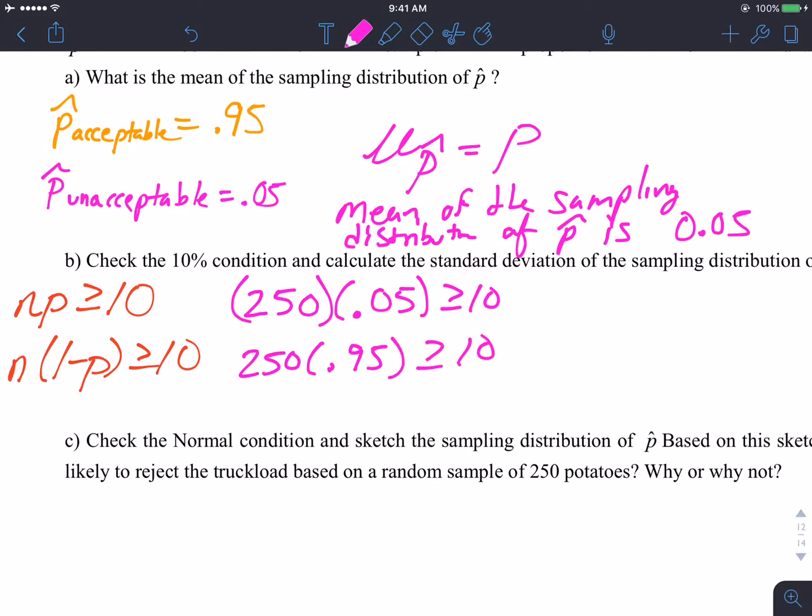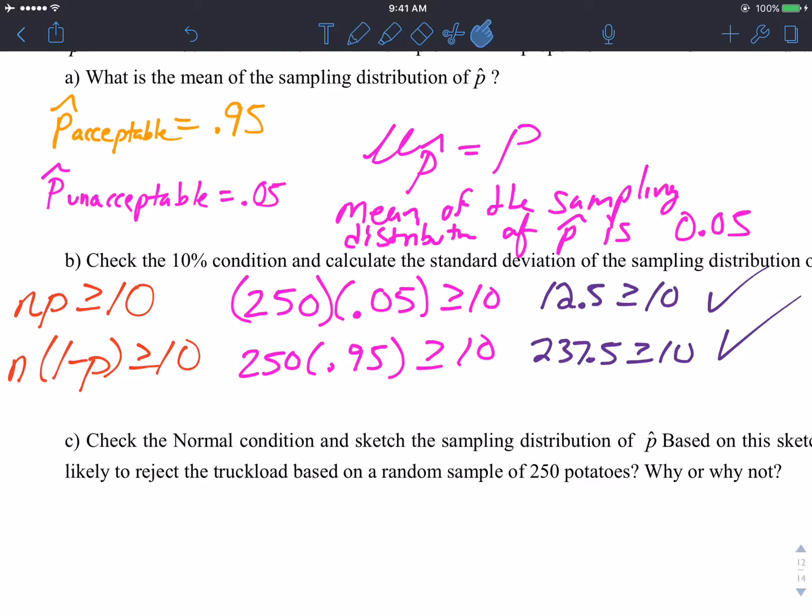The first one is 12.5, which is greater than 10, and 237.5 is also greater than 10. So it does pass the condition.